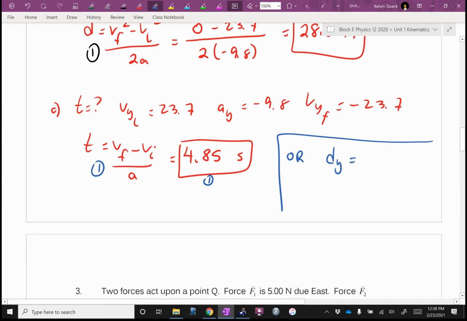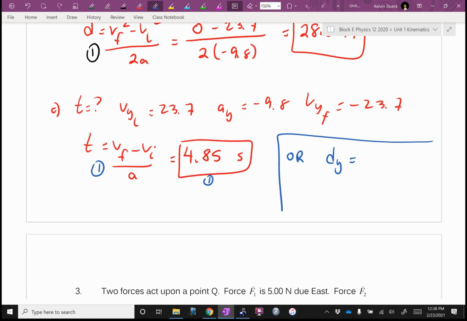How high were you when you started on this question? How far off the ground have we started on this question? What's our initial height? We haven't turned the page yet. Hold on. So on the question we just did, what's our initial height?